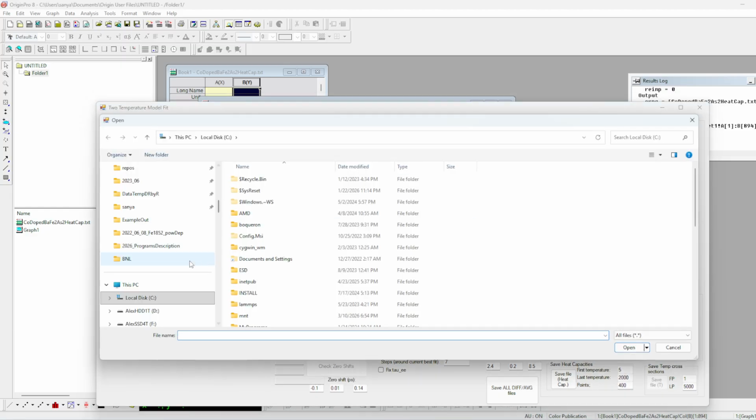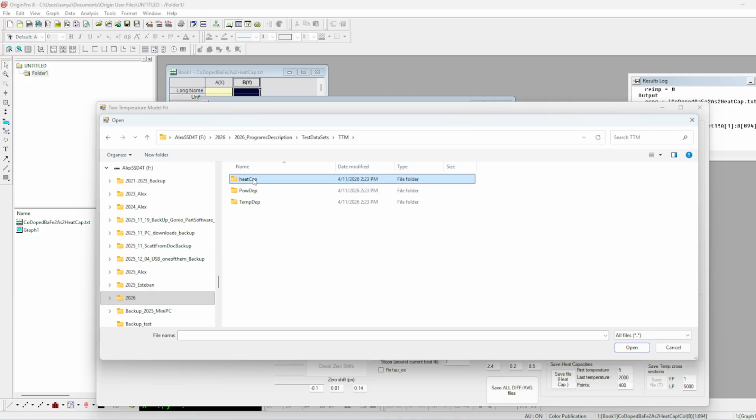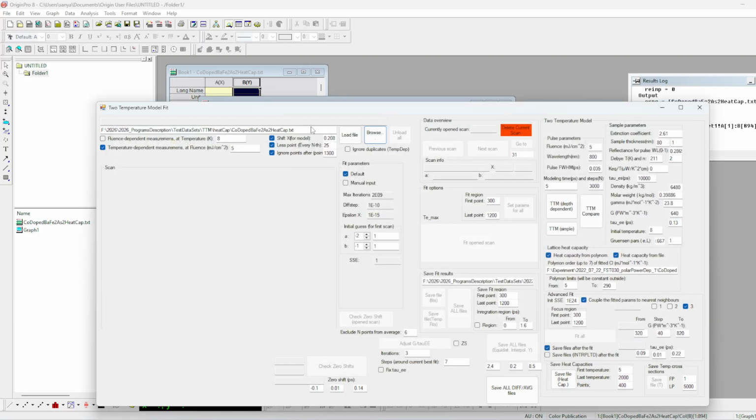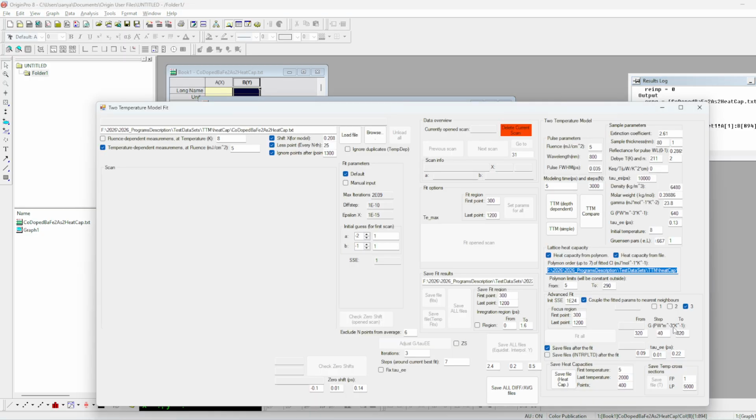I need to provide the file location for my heat capacity, so for this I will use the browse function. However, if I include the heat capacity like this, I need to copy paste inside of this window. I also will fit the lattice only within some region, from 5 kelvin, let's say, to 290, and it will be constant outside.